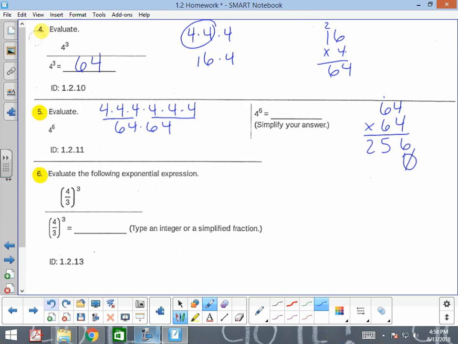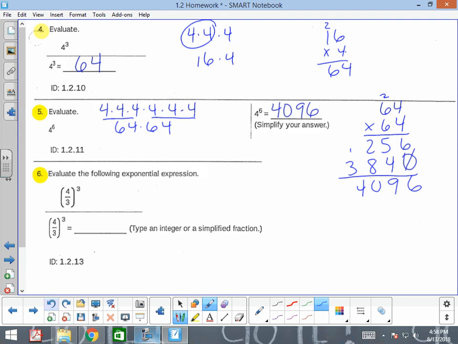Let me move that. 6 times 4 is 24. Carry the 2. 6 times 6 plus 2 will be 38. That's 4,096. And notice that's way over here on the far right. So remember, whenever you're doing this one on the screen, the answer's on the far right of the screen.